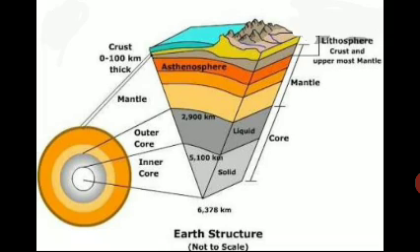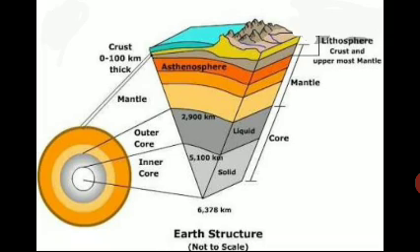From the surface, 0 up to 100 km thick, the crust layer is there, and below that up to 2900 km the mantle layer is there, and below that from 2900 km to 5100 km, here the outer core layer is there, and from 5100 km to 6378 km the inner core thickness is there.